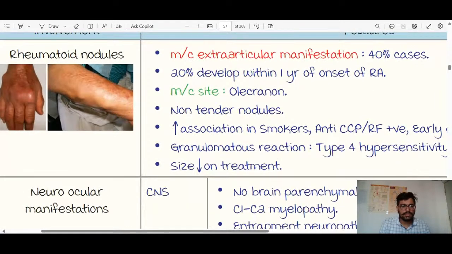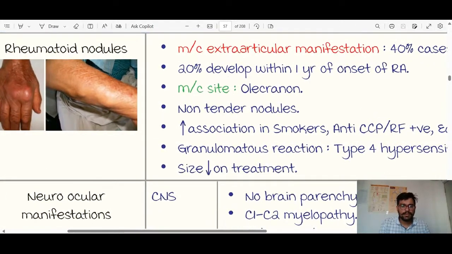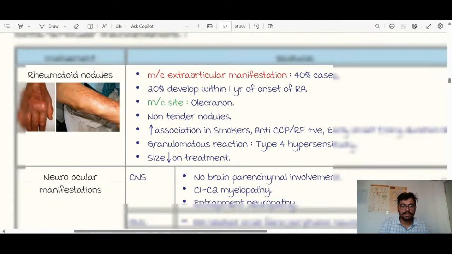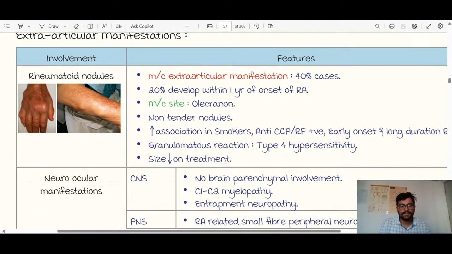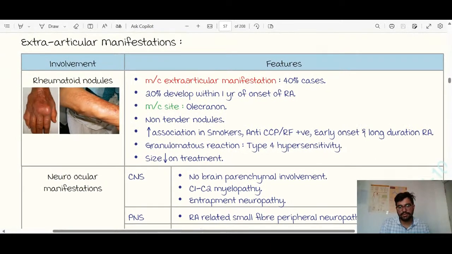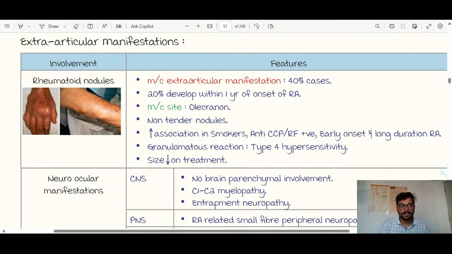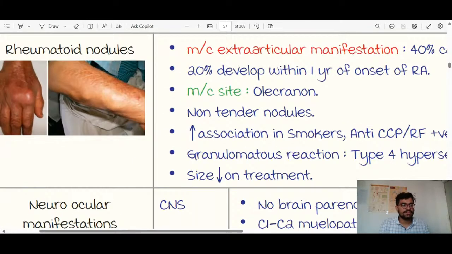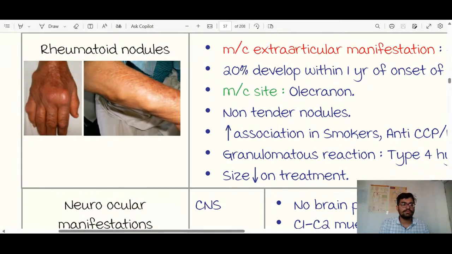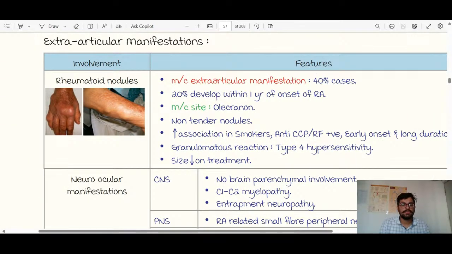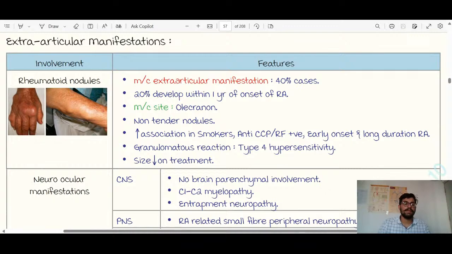Most common site is the olecranon, tender nodules associated with smokers and anti-citrulline CCP; citrulline is a protein, anti-citrulline antibody, and rheumatoid factor positive, early onset, long duration RA, granulomatous, type 4 hypersensitivity, size decreases on treatment. So the rheumatoid nodule you can see clearly in this tabulated form of the extra-articular manifestation.